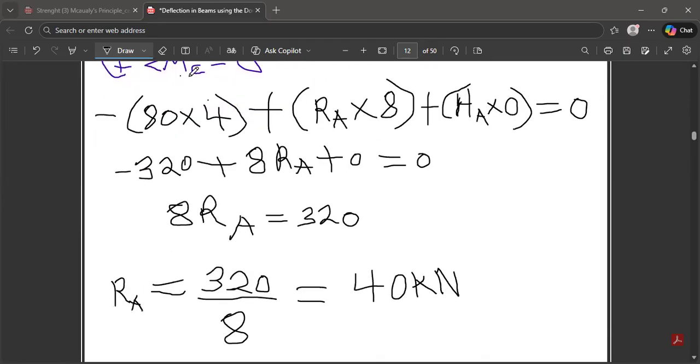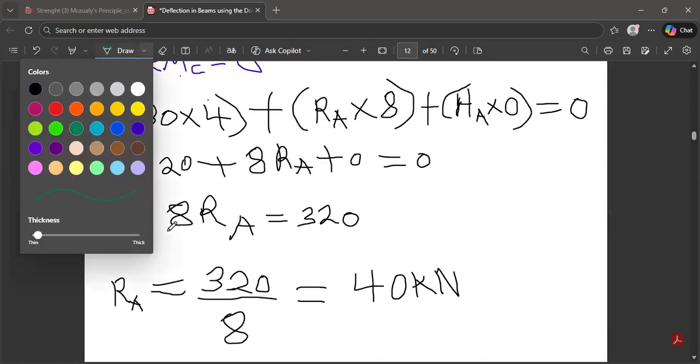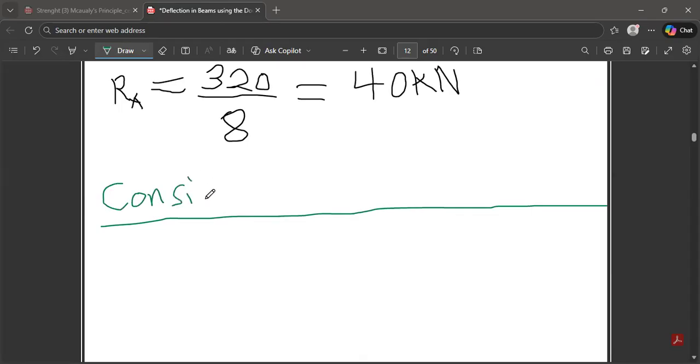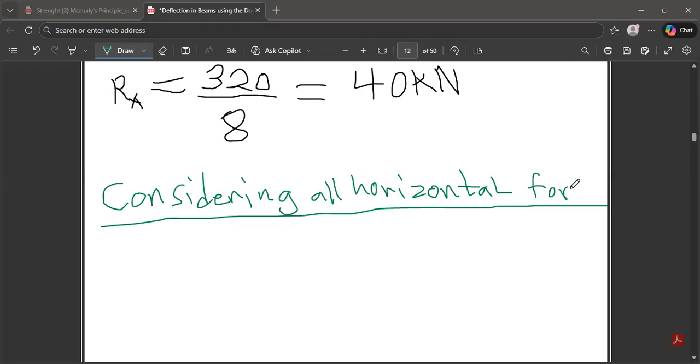If you want to consider all horizontal forces too, all the conditions are still the same. So let's say considering all horizontal forces. And in the consideration of all of our horizontal forces, what is happening?